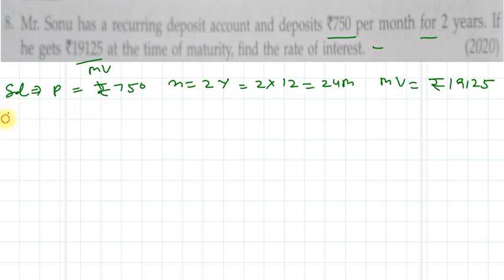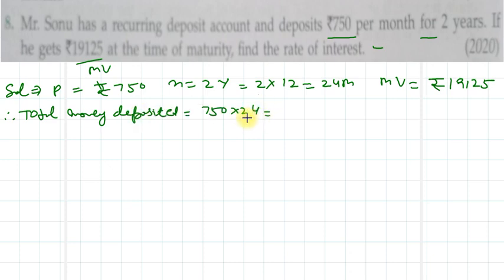So therefore total money deposited is equal to 750 into 24, right?